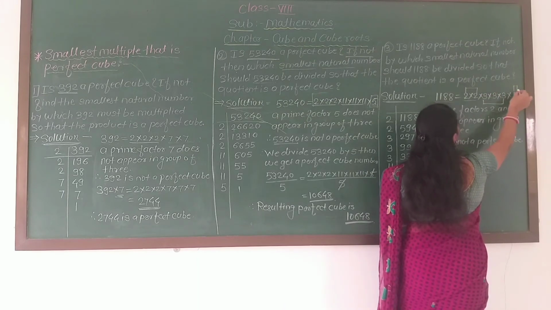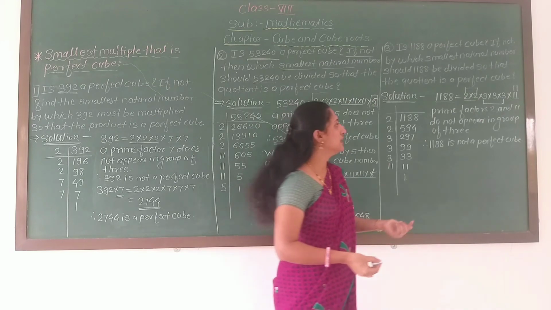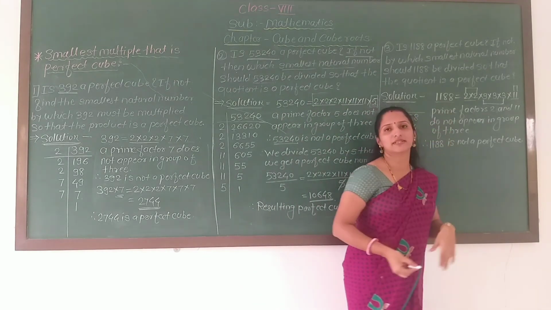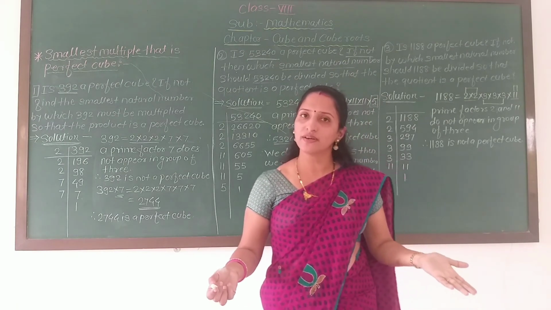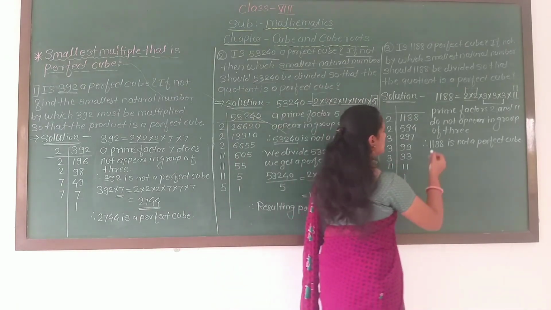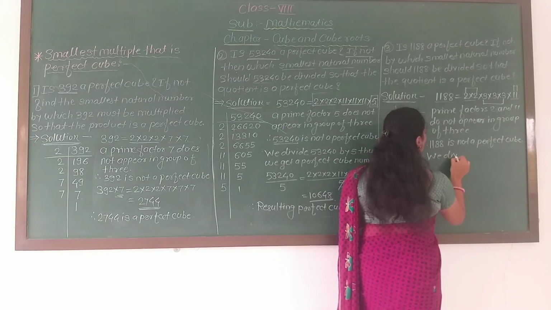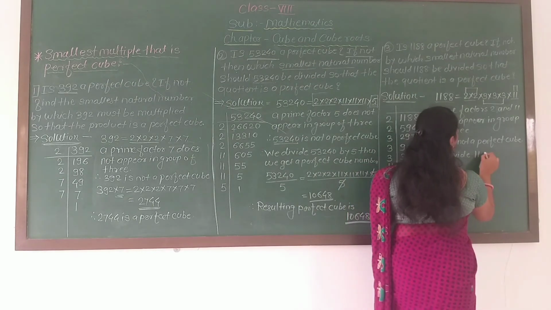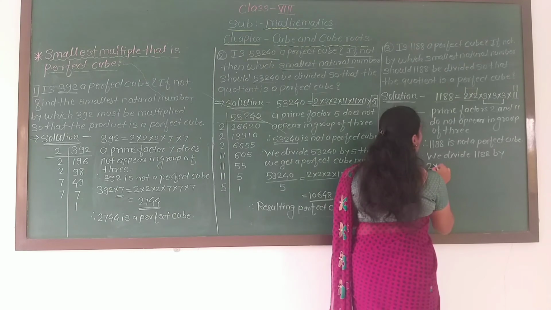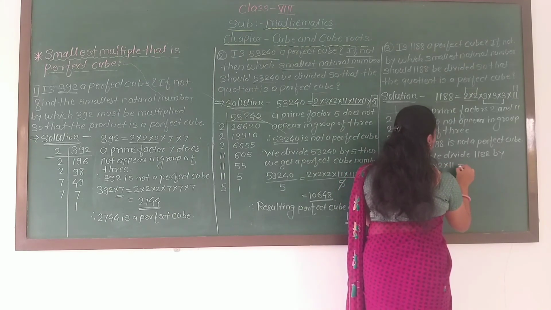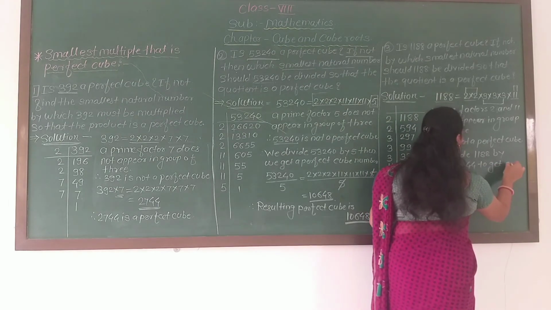If we divide 1188 by 2 into 2 into 11, then we get a perfect cube, since for 2 and 11 there is no triplet. So we divide 1188 by 2 into 2 into 11, that is 44, to get a perfect cube.